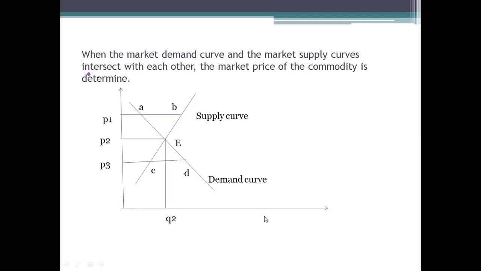If we add up each of the individual supply curves, then we get the market supply curve. So in the diagram where you see the demand curve and supply curve, both are the market demand curve and market supply curve.